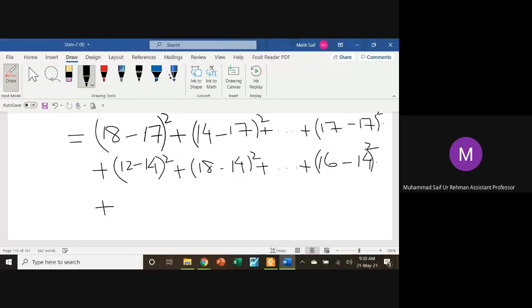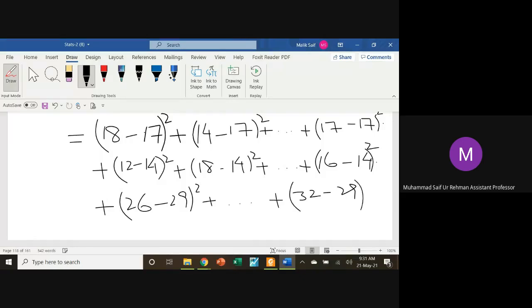Then plus, now you have to consider the third column. The third column is starting from 26. So 26 minus, in this case the average is 29, so 29 square plus so on up to the last term, which was 32 minus 29.